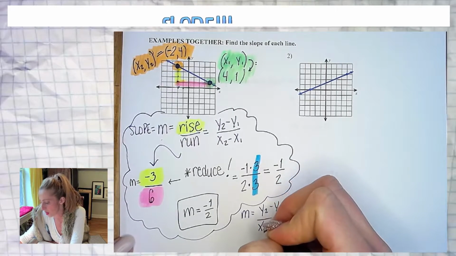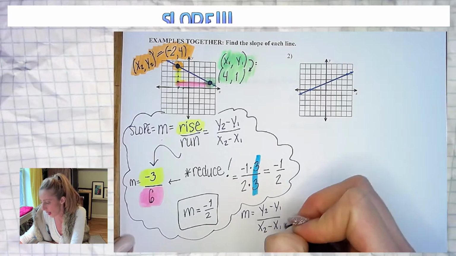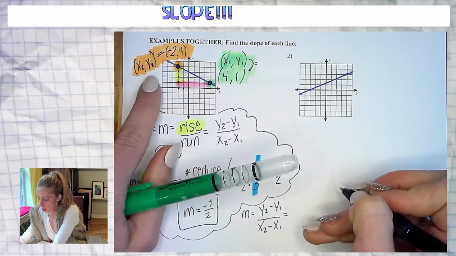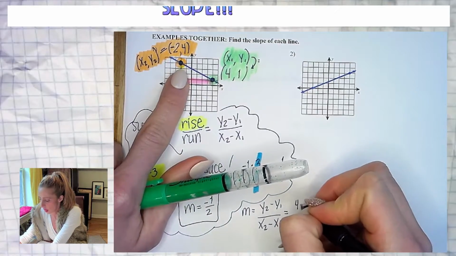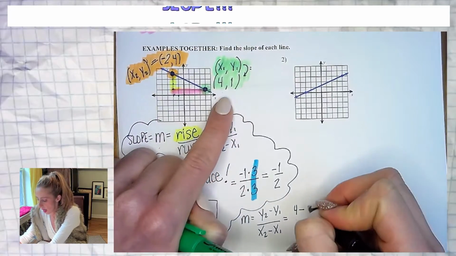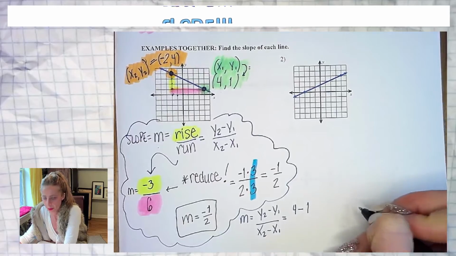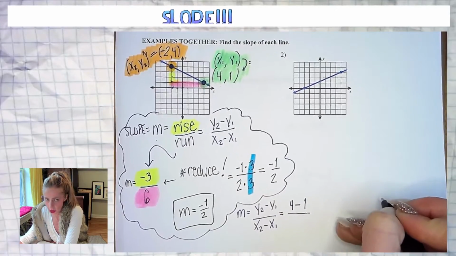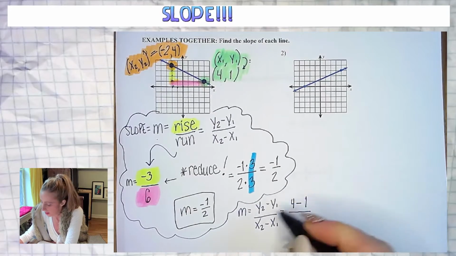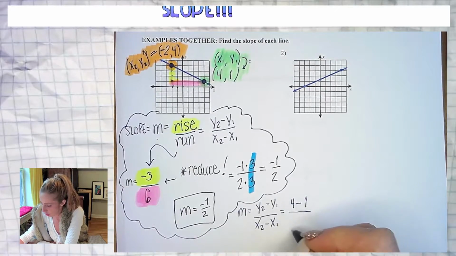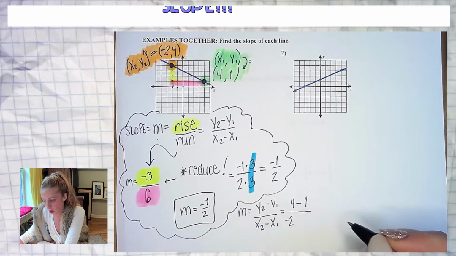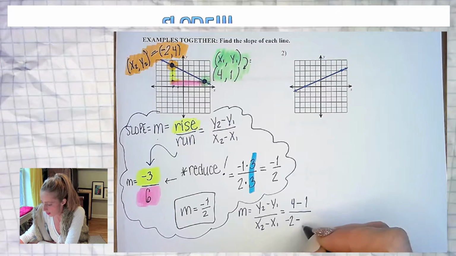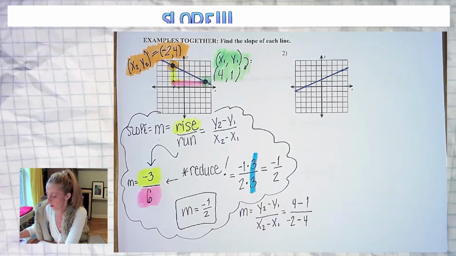Remember, y goes up high. y2, that's going to be 4, minus y1 is 1, over, and I'm going to color this green and orange to match, minus, on the bottom, x2 is negative 2, minus x1 is 4.